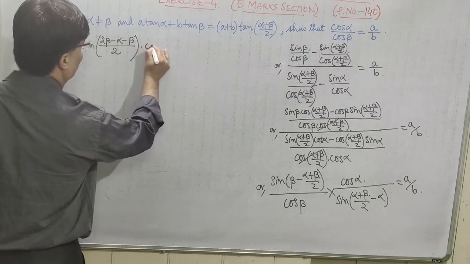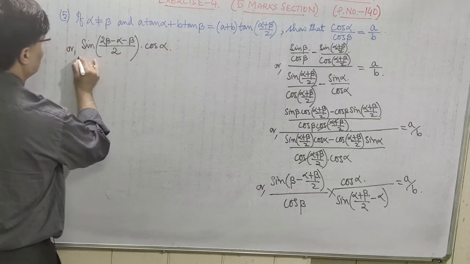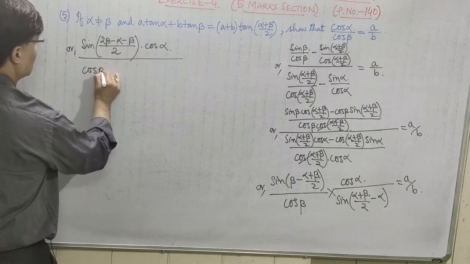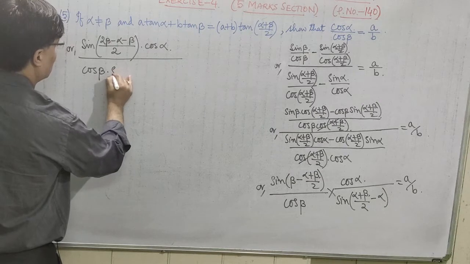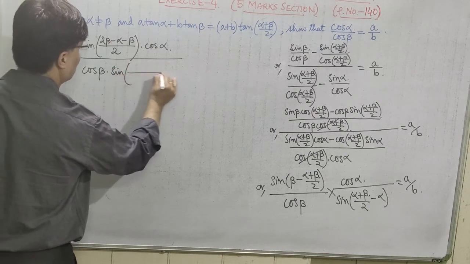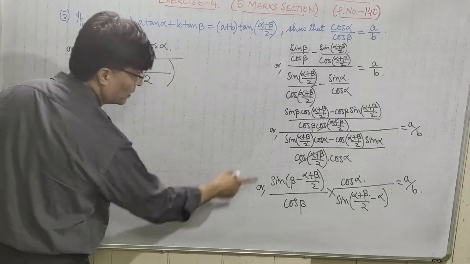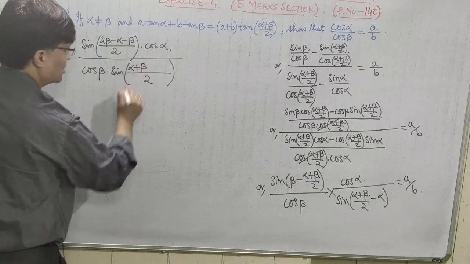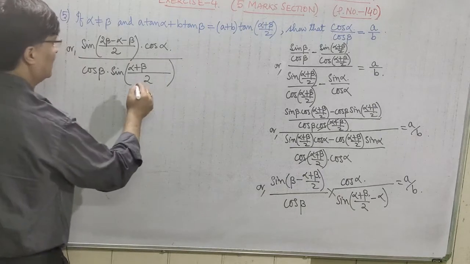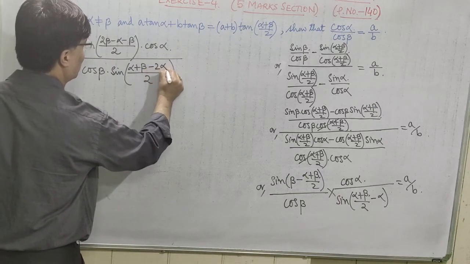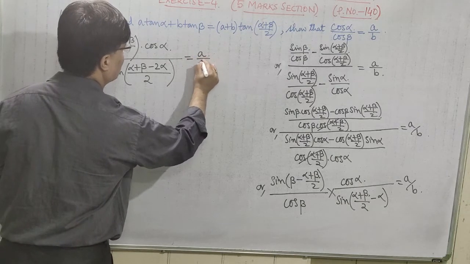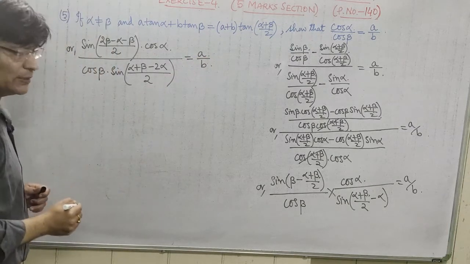Then into cos alpha. This whole is divided by, in the denominator, cos beta into sine of, what's the LCM here again? It is 2. So in the numerator we have alpha plus beta minus 2 alpha, right? Which is equal to A upon B on the right-hand side.